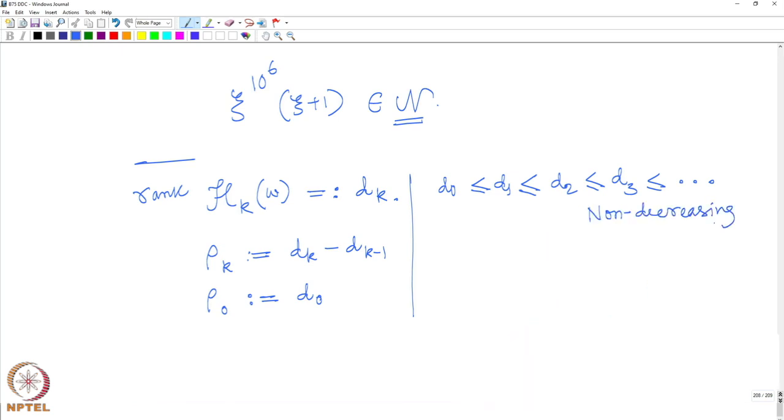On the other hand, if I look at rho, it turns out that these rhos will actually be a non increasing sequence. That is kind of surprising, and we explained that in the last lecture. It happens because of what occurs when you add these new rows. For example, suppose you go from h3 to h4.